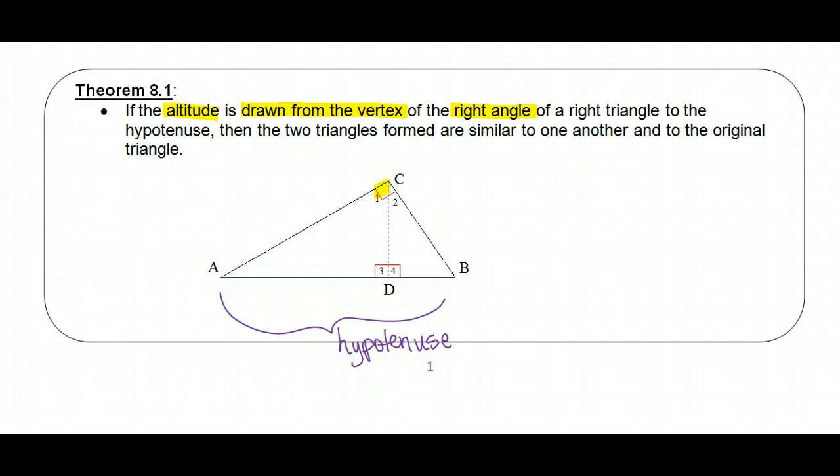So what happens here is that we have two smaller right triangles that have been formed. Do you see that? Angle 3 and angle 4 are both right angles. So these two triangles end up being similar to one another and to the original.